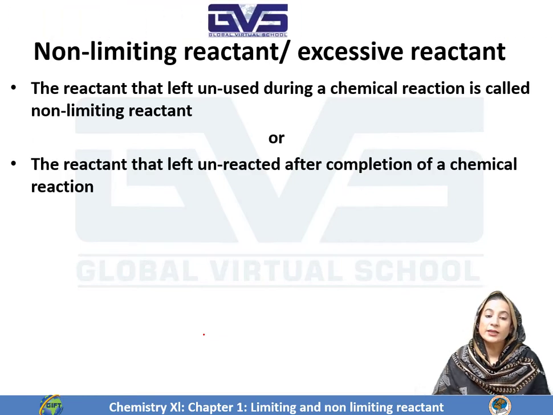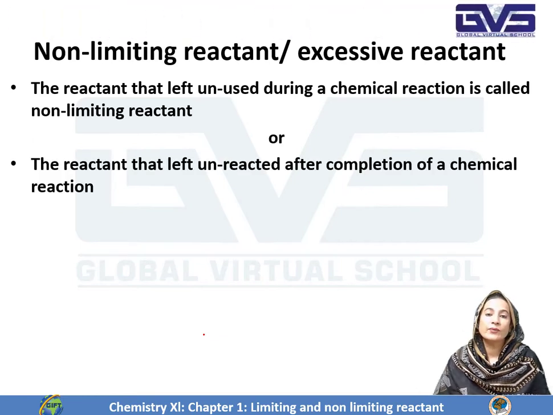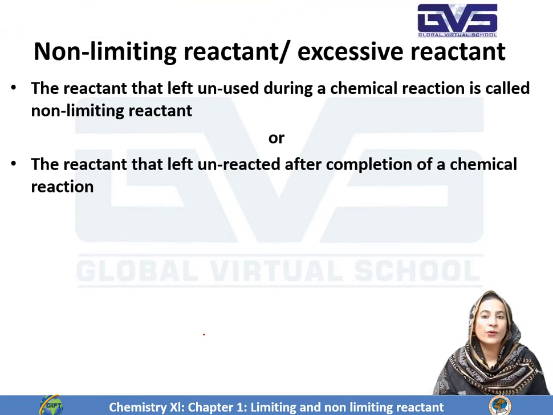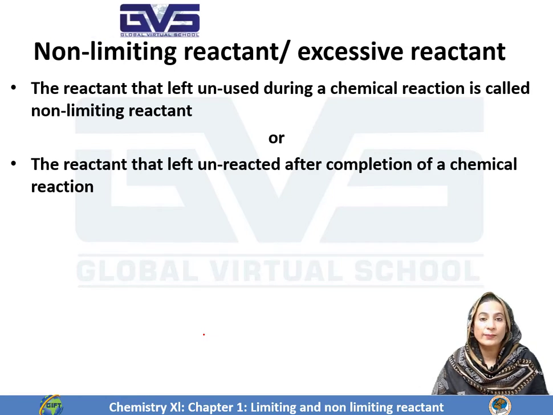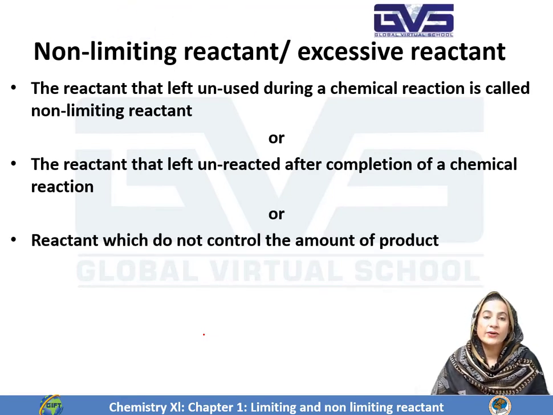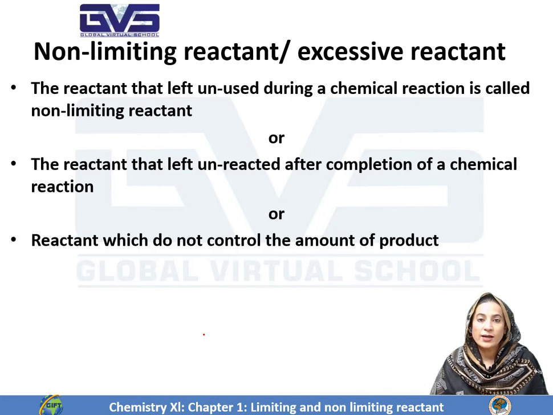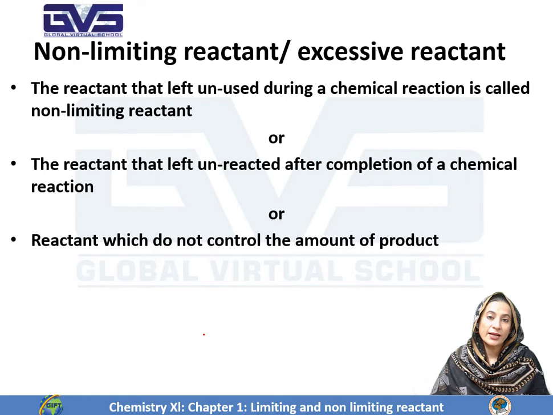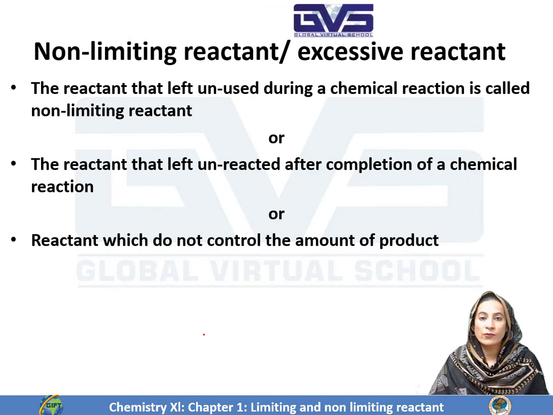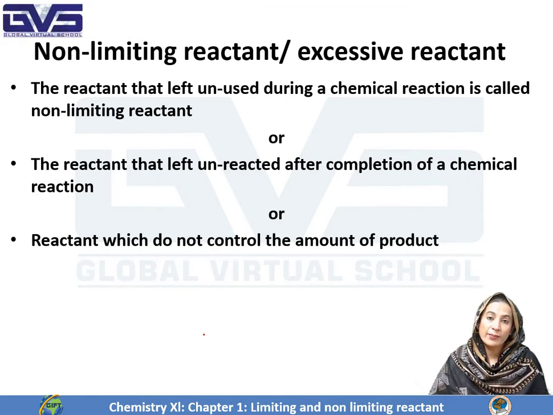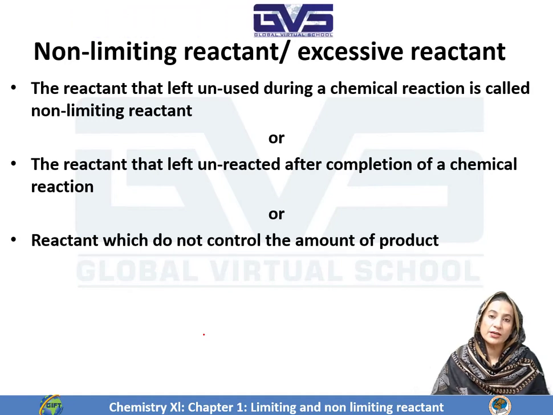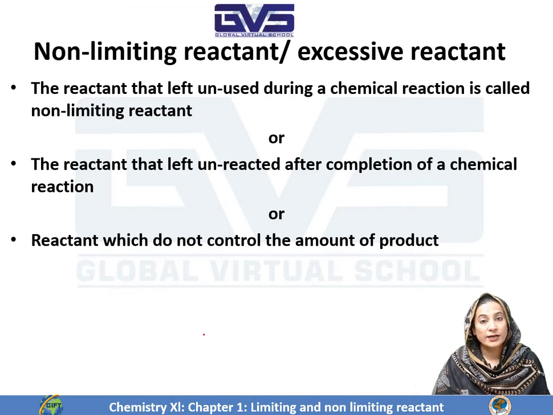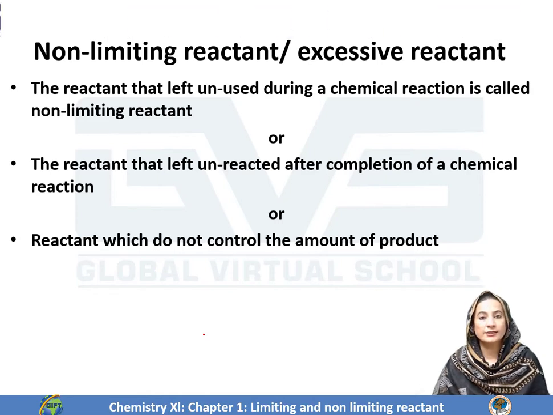It is still present in the reaction mixture but cannot produce more product. It is the reactant which does not control the amount of product, because the one that is consumed earlier is controlling the amount of product formation, and that is the limiting one. The non-limiting or excess reactant is still in the reaction mixture but cannot produce further product.